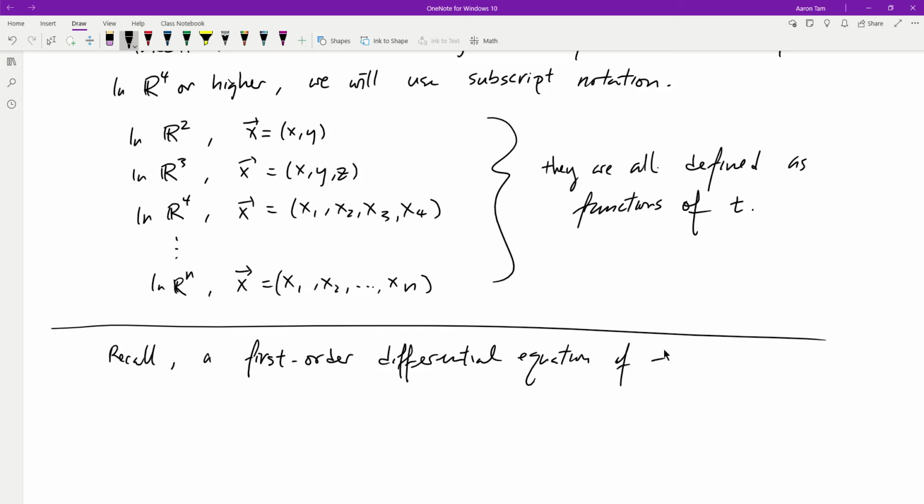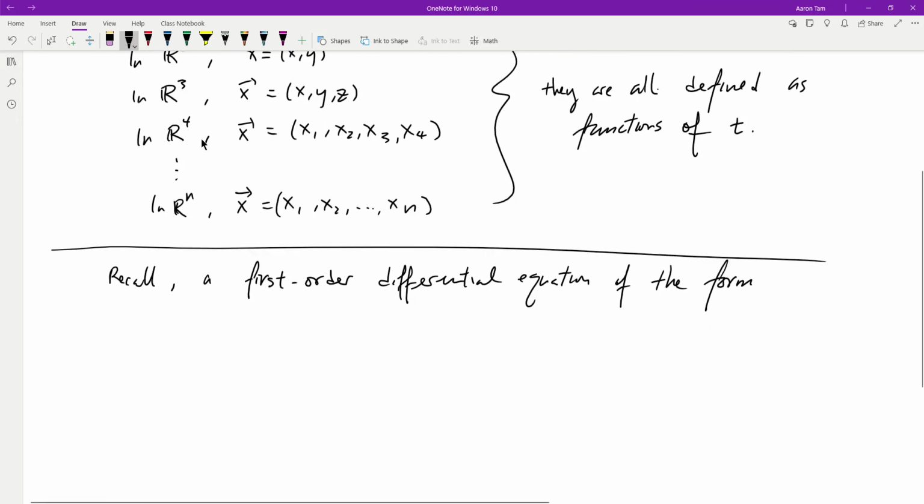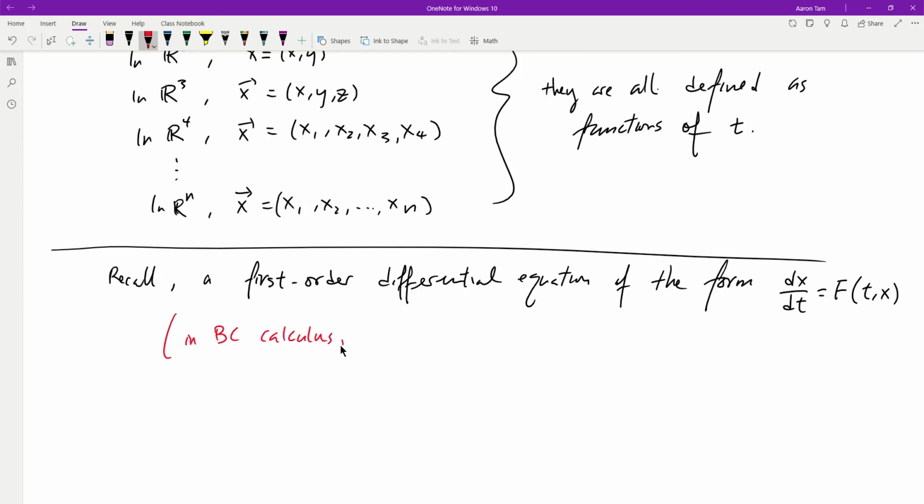Let's say we have a first order differential equation of the form dx over dt equals some function f of t, x. Now, that might look unfamiliar because typically in BC calculus, you will see it as this instead.